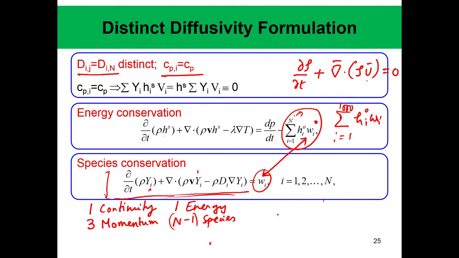And then of course 2 plus 3 is 5, plus n minus 1, that is equal to n plus 4.